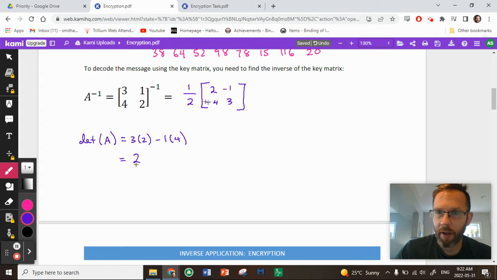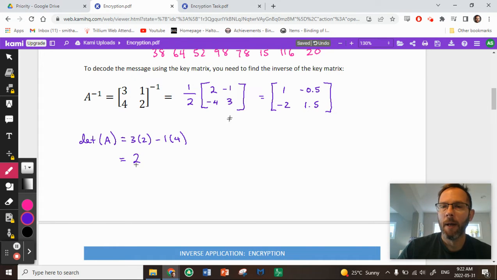Now, 1/2 is a fairly nice fraction. Most of you don't like working with fractions, so it seems good here to write that as a decimal. So 1/2 times 2 is just 1, but then 1/2 times -1, let's use -0.5. 1/2 of -4 is -2, and 1/2 of 3, let's use 1.5. That's okay. No crazy decimals or anything. But this would be our decoder matrix.